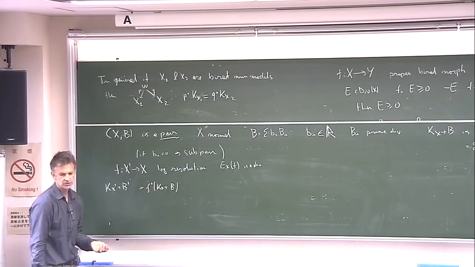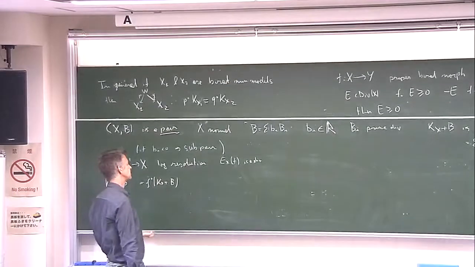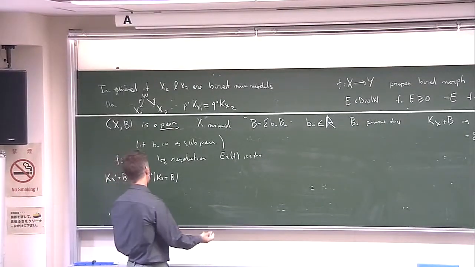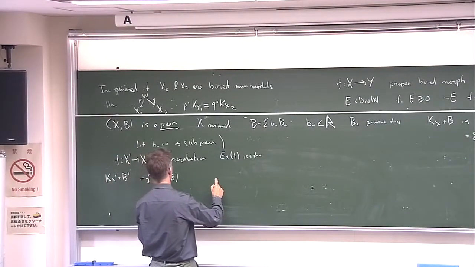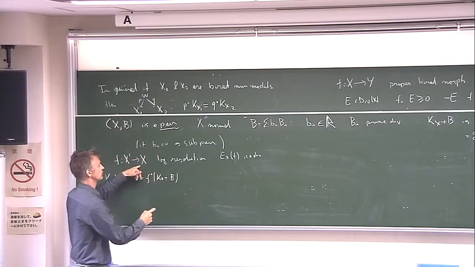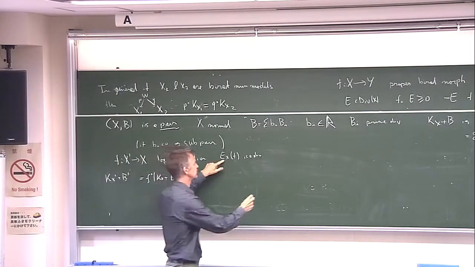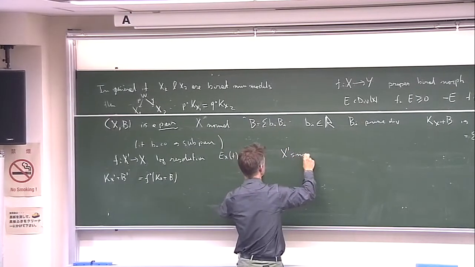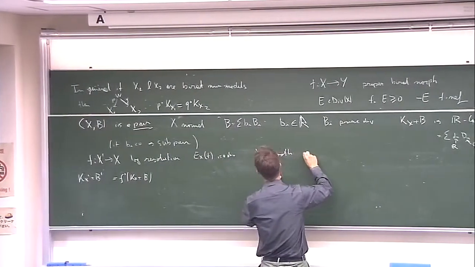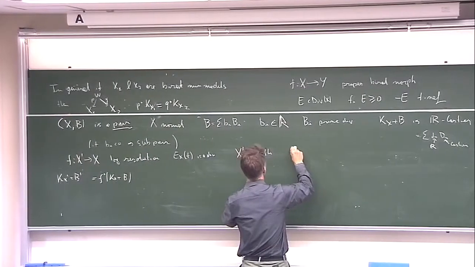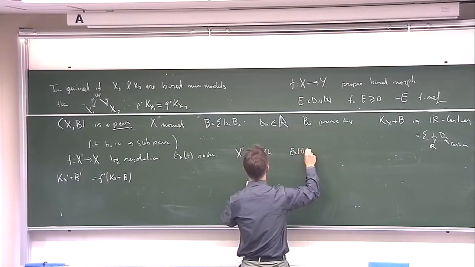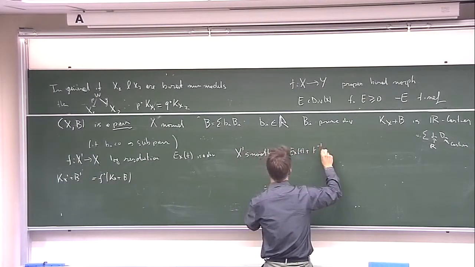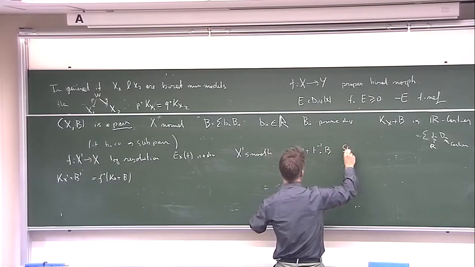Okay, so here are the various flavors of singularities. Oh, I didn't finish telling you what a log resolution is. I need the exceptional set to be a divisor. I need X prime to be smooth. Otherwise, what kind of resolution is it? And I need the exceptional set of f plus the strict transform of B to have simple normal crossings.